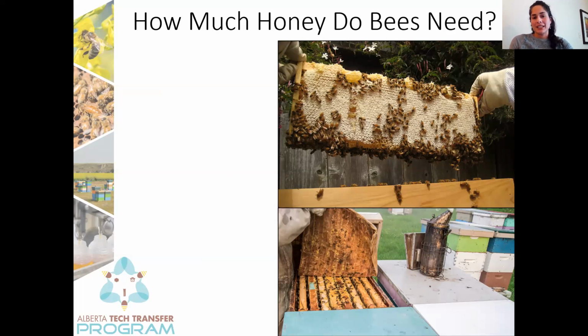So as long as you add supers, as long as they have space, and of course there are resources for them to collect, they will store honey. Because they would just collect more and more honey, it is up to you, the beekeeper, to figure out how much honey your colony needs to survive the winter.